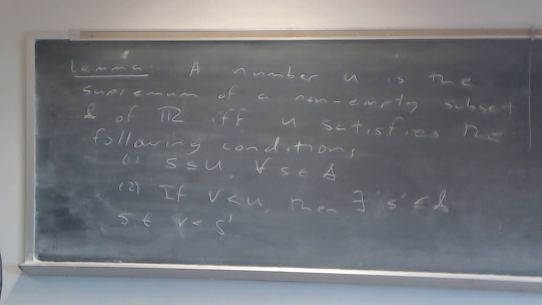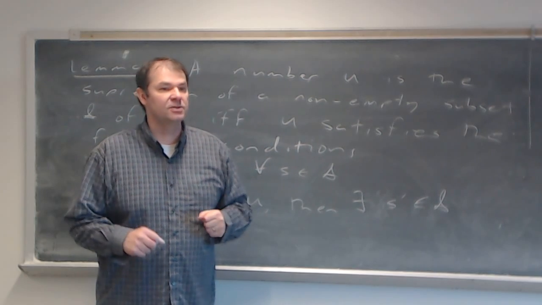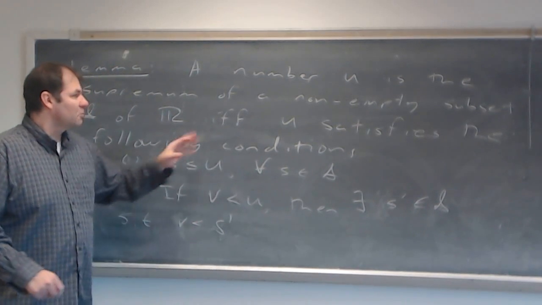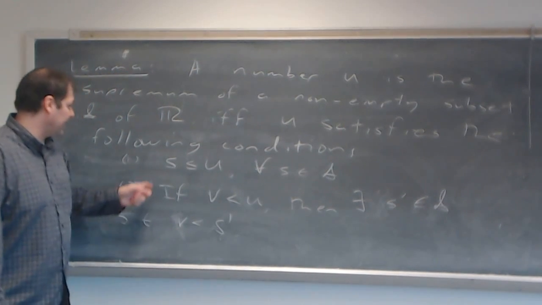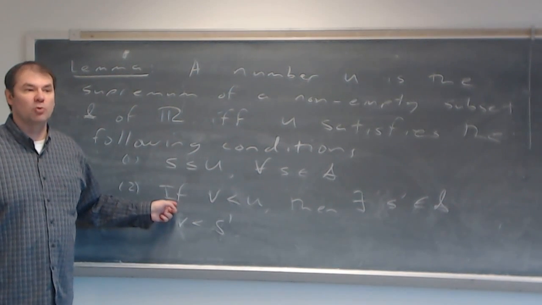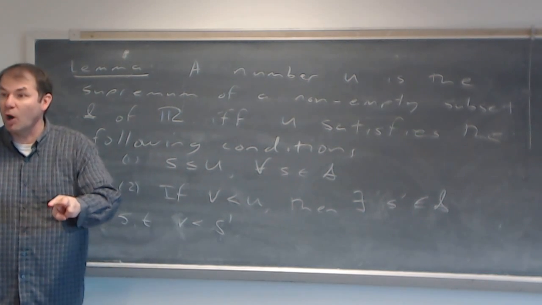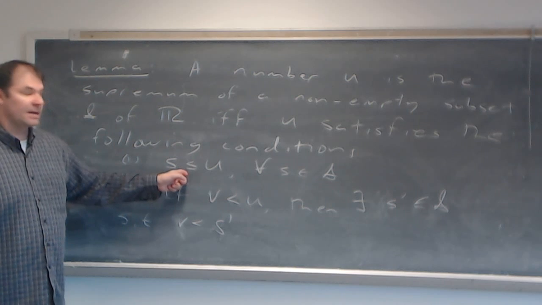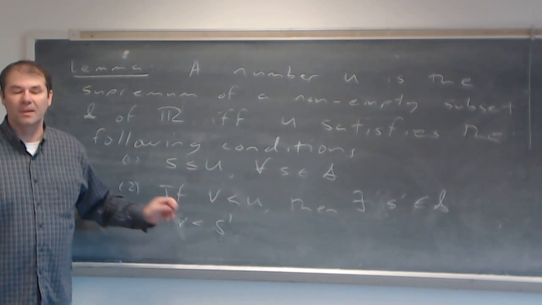I want to take a second to tell you what the heck we are saying here. What we're saying is the following. The definition for u being the supremum, whatever u satisfies to be the supremum in the definition, is the same thing as u satisfying these two qualities. So the definition of supremum's two qualities is the same thing as these two qualities. Is that okay? That's what's being said.